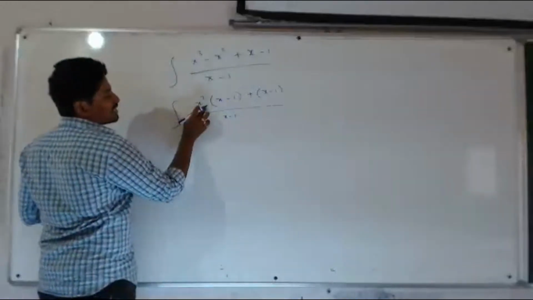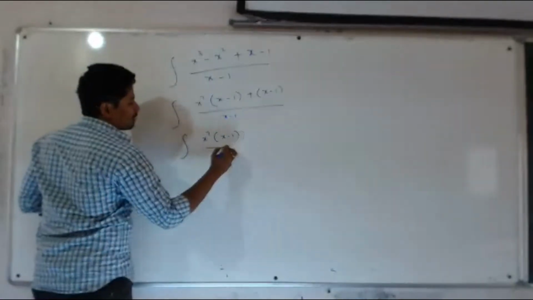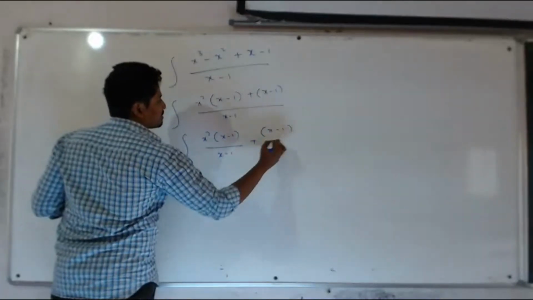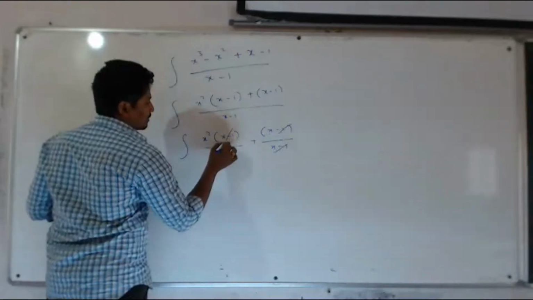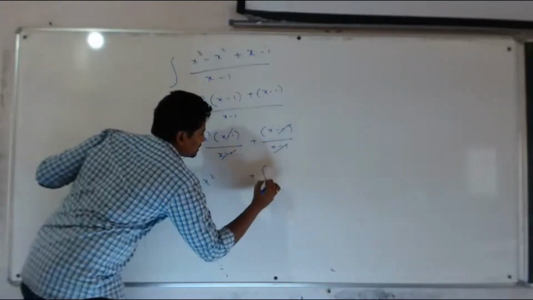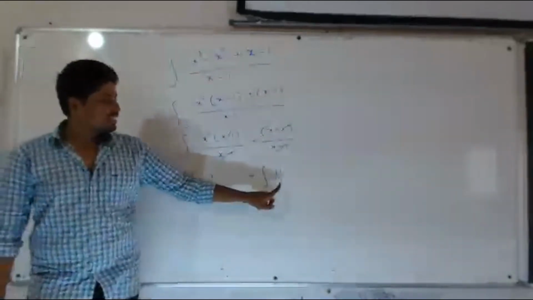The denominator will go under this term and this term. What it will be? Integral x square into x minus 1 by x minus 1 plus x minus 1 by x minus 1. They both get cancelled and we get x square plus 1. Integral x square plus integral 1.